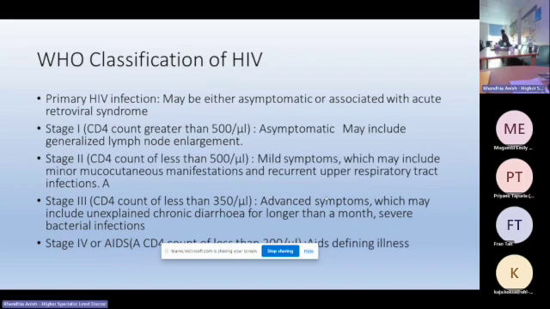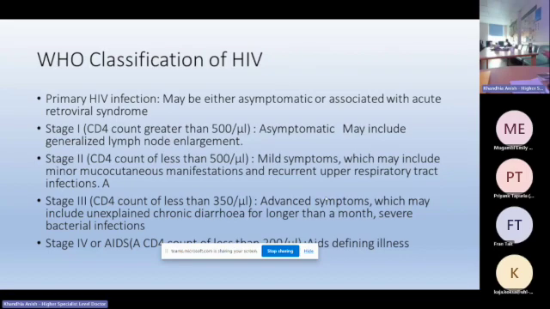Now, the WHO classifies HIV, and this is a typical FICM-type question, which is the categorization of HIV. It looks at primary HIV infection, and that may be asymptomatic or associated with acute retroviral syndrome. So acute retroviral syndrome is kind of like a flu-like illness that occurs following HIV infection about 8 weeks afterwards.